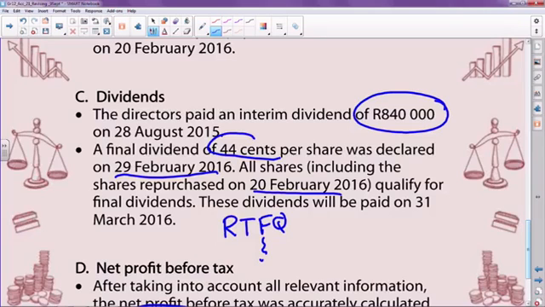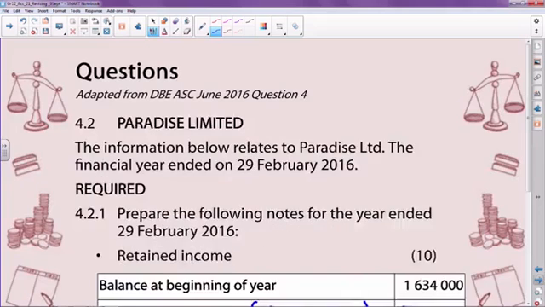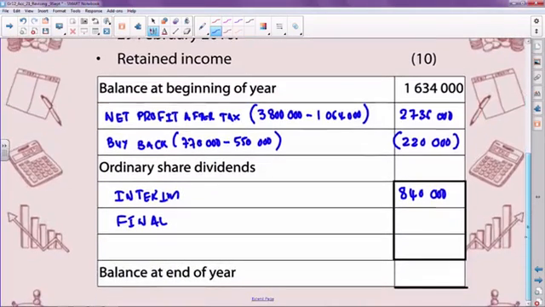In our case here, all the shares, including the shares repurchased, qualified for a final dividend of 44 cents per share. If you recall from our calculation that we've been doing, we had 4 million shares, right? Okay, the breakup once again, the 3 million at the beginning, plus the 1 million that we sold.